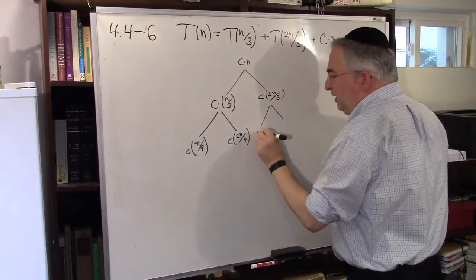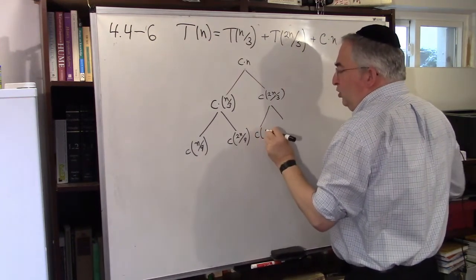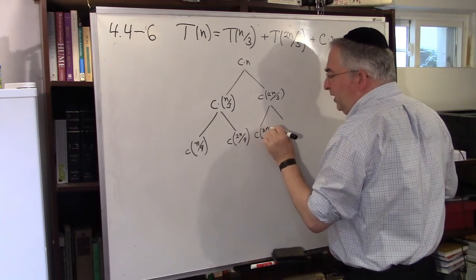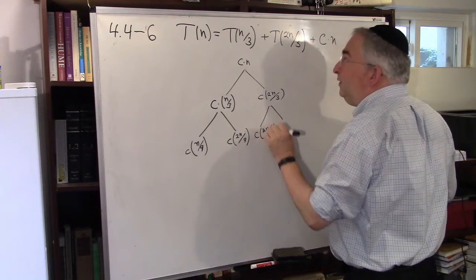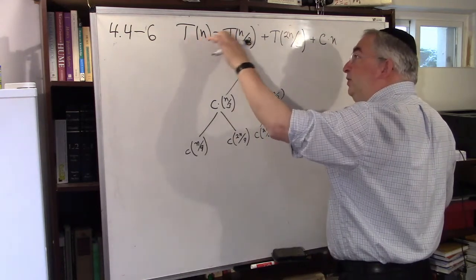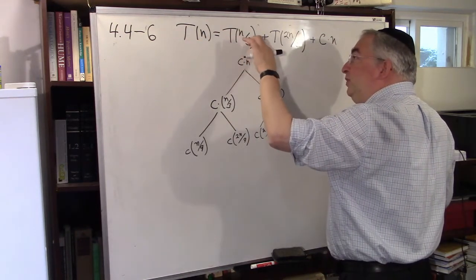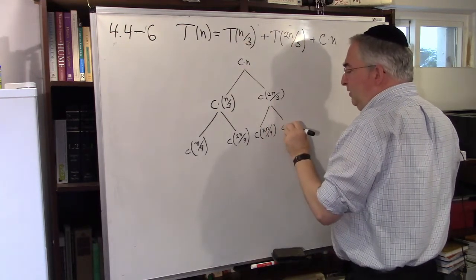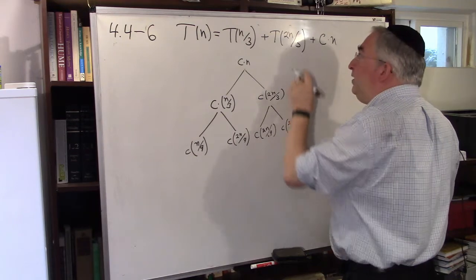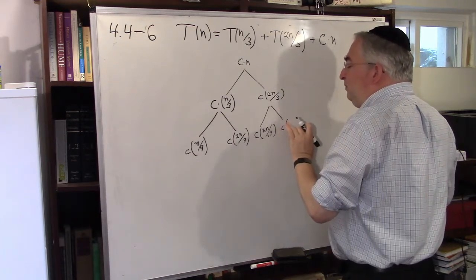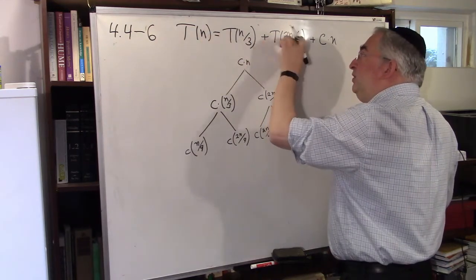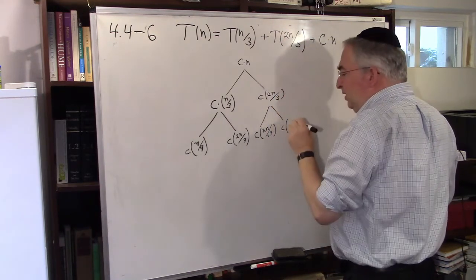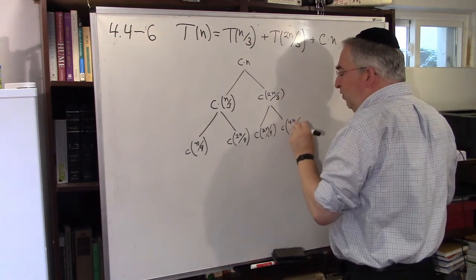It becomes c of n over 9, and here it becomes 2 times 2n over 3 over 3, so this becomes 4n over 9.